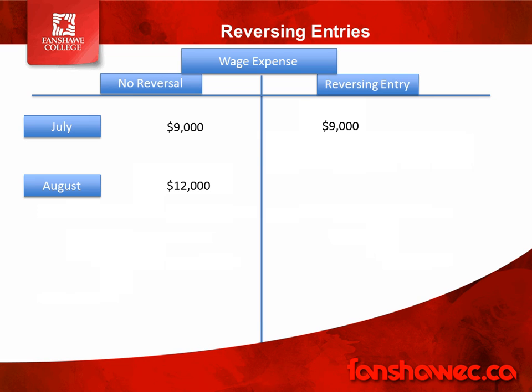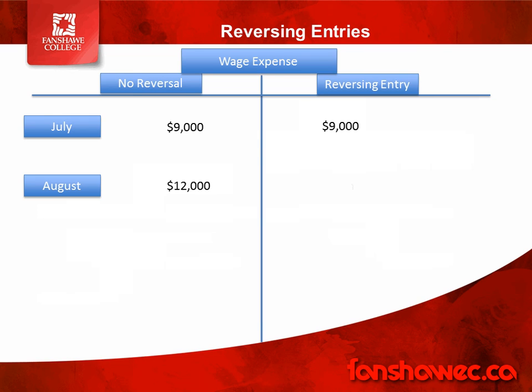Now, let's see if we can prove with the reversing entry that we end up at the same spot. Again, in July, we had a $9,000 accrual, so that went to wage expense. That's perfect. But if you remember, on the first day of the next month, we reversed that out by debiting wage payable and crediting wage expense. So now we're sitting with negative $9,000 in the expense account. That seems a bit off.